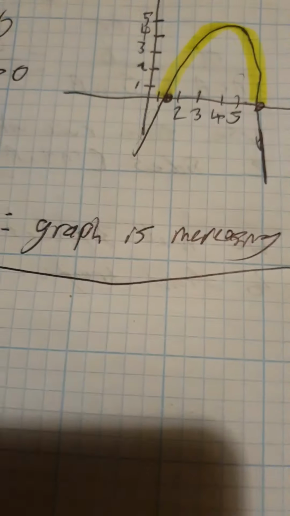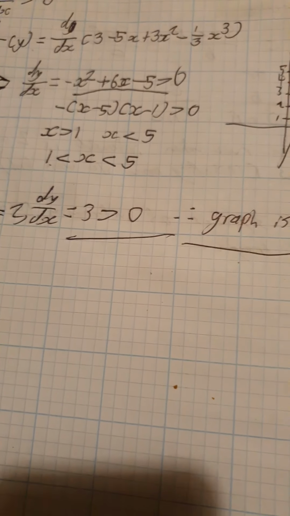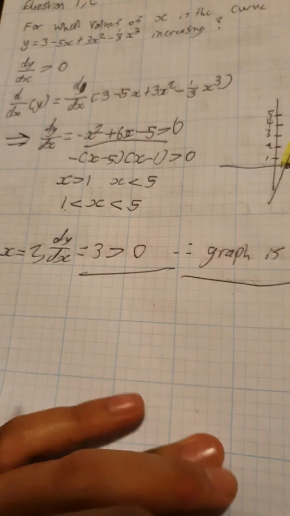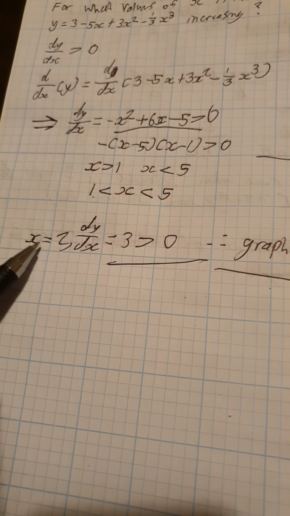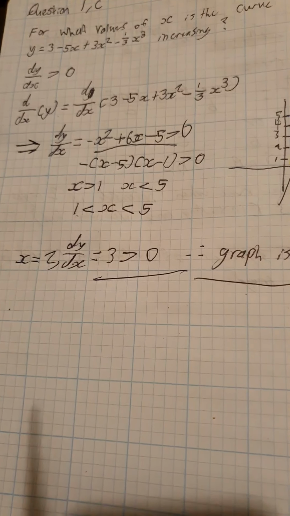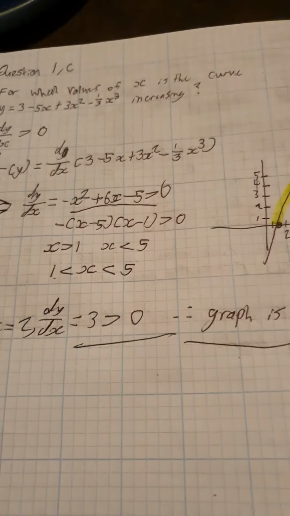So therefore, the graph is increasing. Yeah, so that's correct. That's good. I could have done other values of x, but I'm being a bit lazy with this question. I think this is an excellence question, honestly.